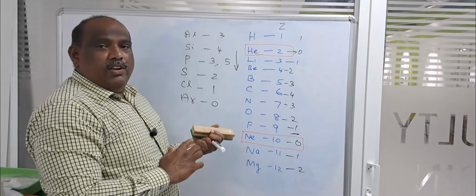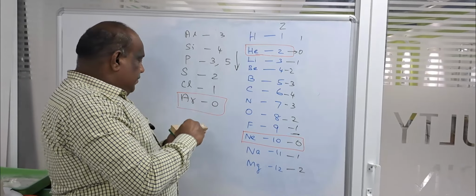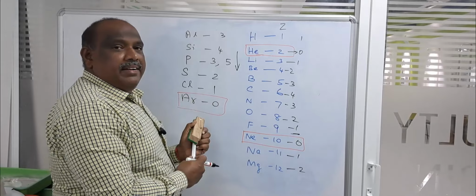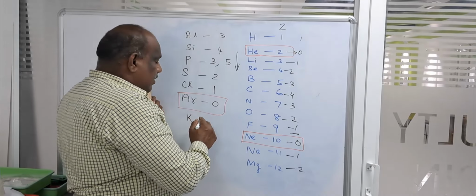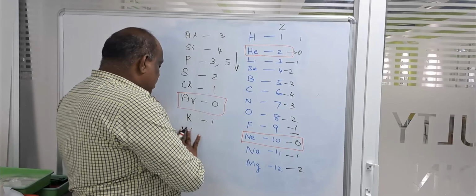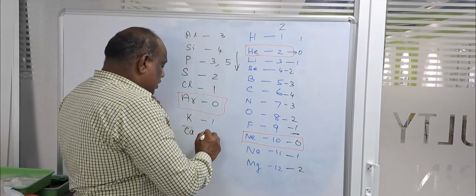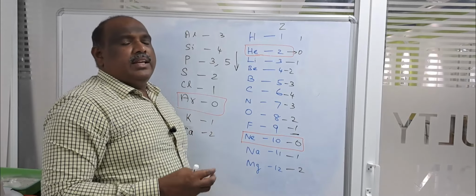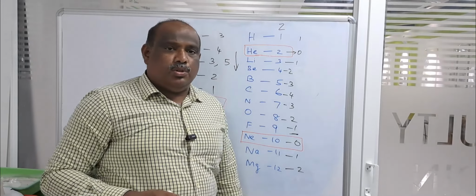Once again it should follow like this and then increase. K has valency 1. Then magnesium is already done, so calcium is 2. Then we will follow with scandium, titanium, vanadium, etc. But at least these 20 elements you should know.